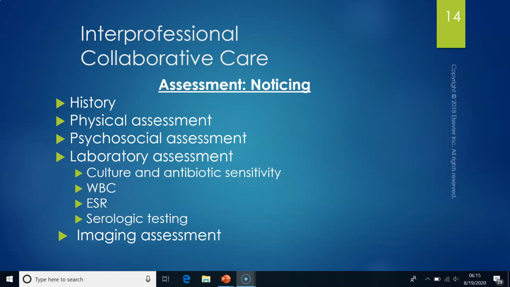The erythrocyte sedimentation rate, you'll hear it in the hospital called the SED rate.